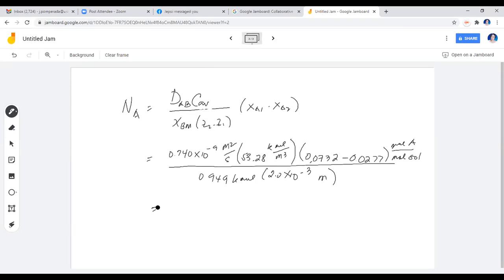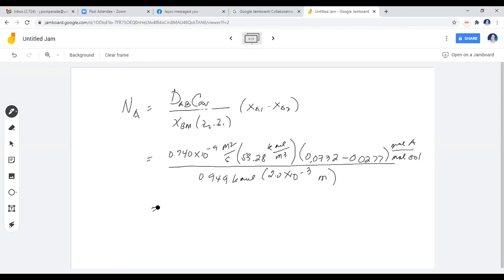So our answer is, wait, my answer is wrong. 0.740 times 10 raised to negative 9 times 53.28 times 0.0732 minus 0.0277, divided by 2 times 10 raised to negative 3 divided by 0.949.